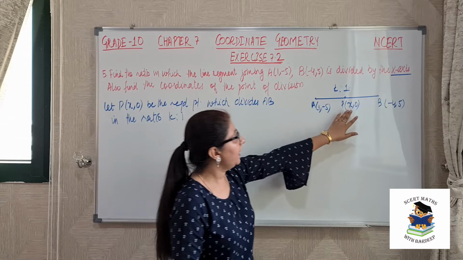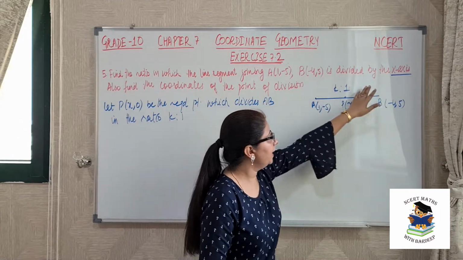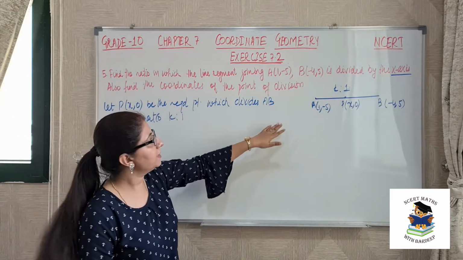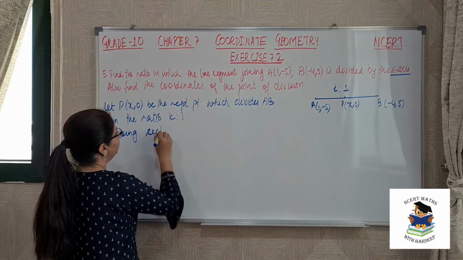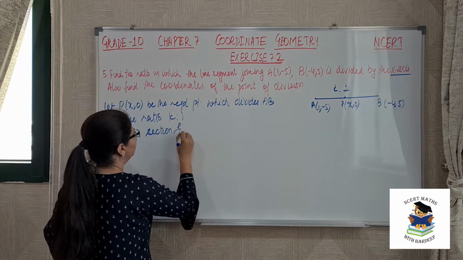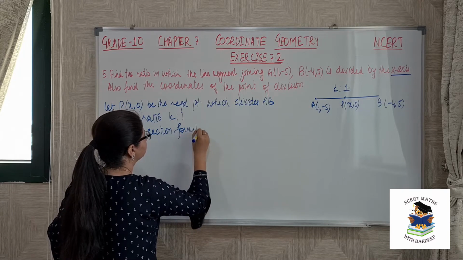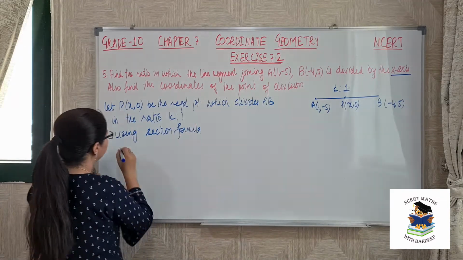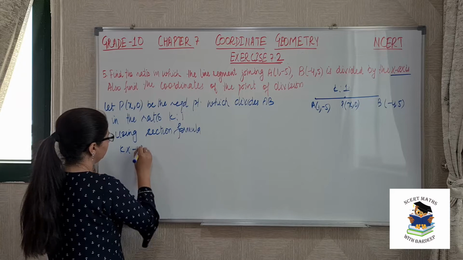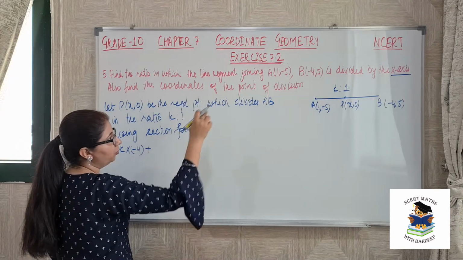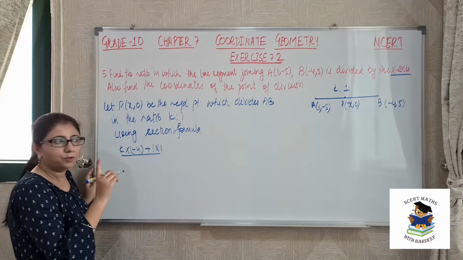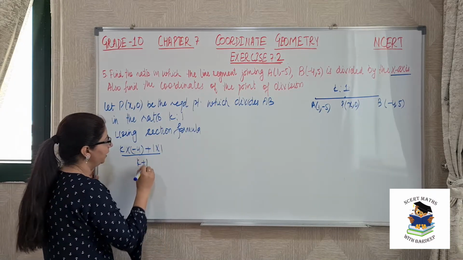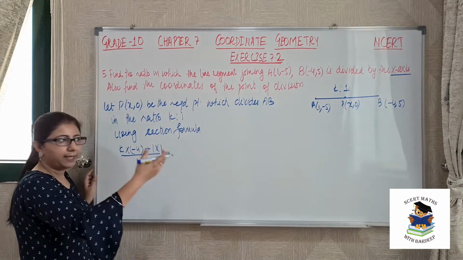So what is the x value? This is k into -4 plus 1 into 1. So we will apply section formula and we will write using section formula, k into -4 plus 1 into 1 divided by sum of ratios, that is k plus 1, should be equal to x coordinate.